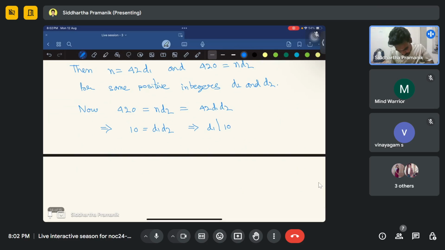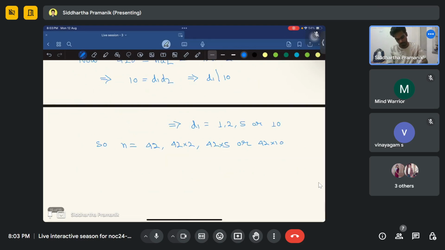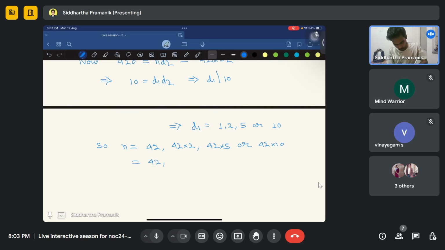So what are the possibilities of d1? So d1 is equal to 1 or 2 or 5 or 10. Now let's put it back in here. So n equals 42, 42 times 2, 42 times 5, or 42 times 10, which is equal to either 42 or 84 or 210 or 420.